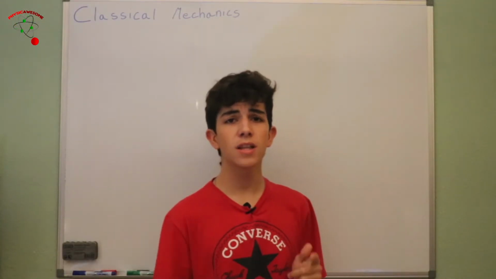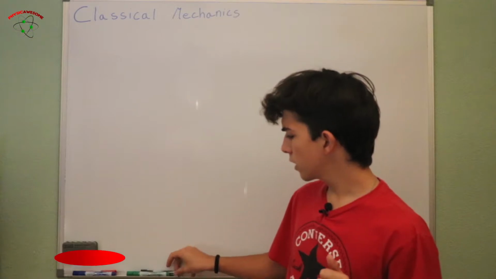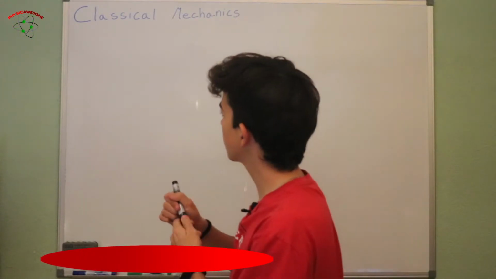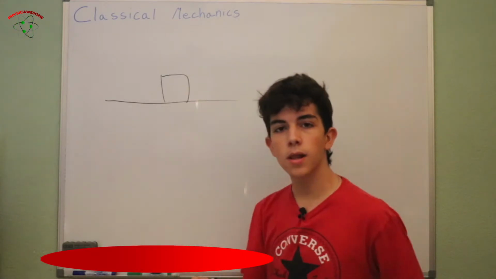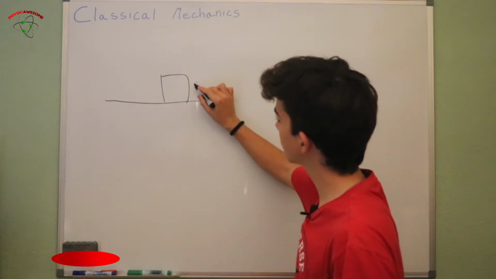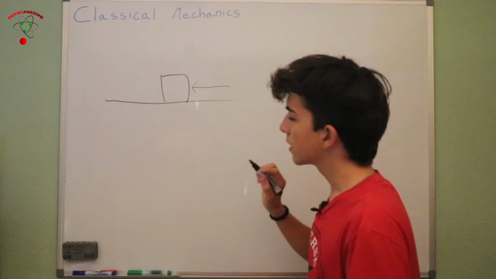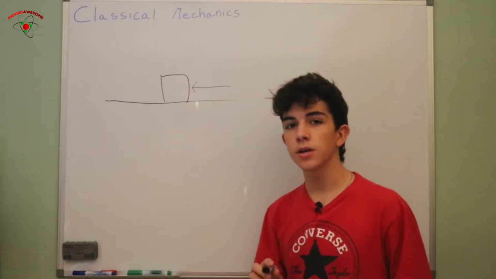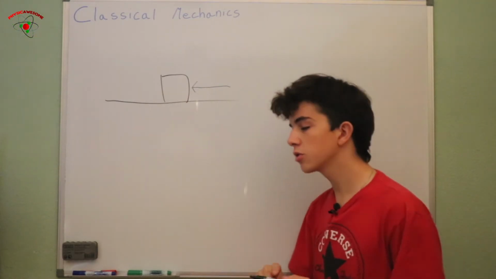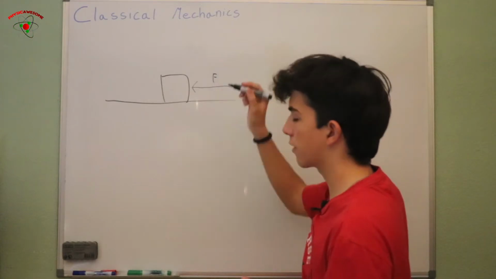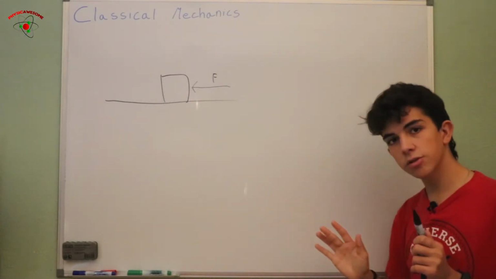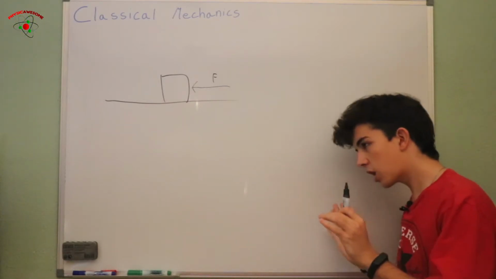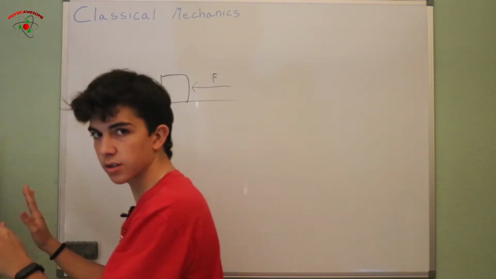Great, now let's introduce work. Imagine you have an object sitting on the floor and you apply a force F to it. It is not the same thing to apply a force to the object and move it just a couple of centimeters, as to move it a lot of distance.